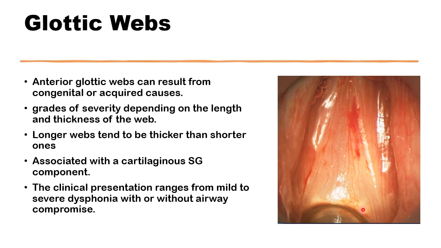It's of note that these two factors go with each other, so longer webs should be expected to be thicker than shorter webs. If they are small and early, they present with dysphonia, but larger webs can also cause laryngeal airway compromise and dyspnea.